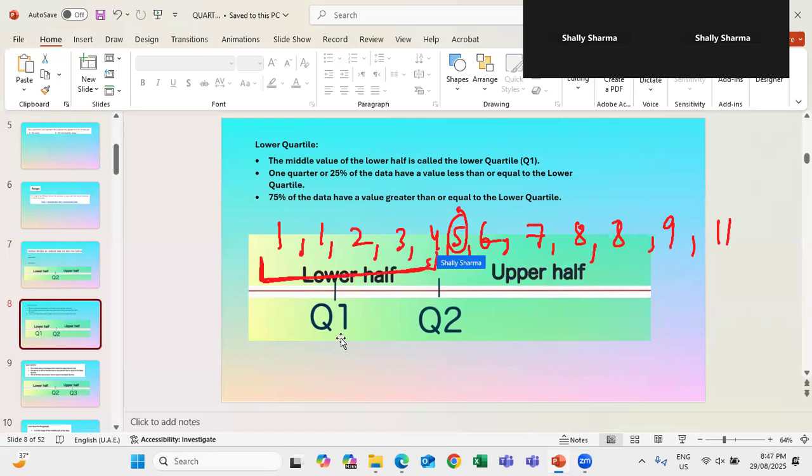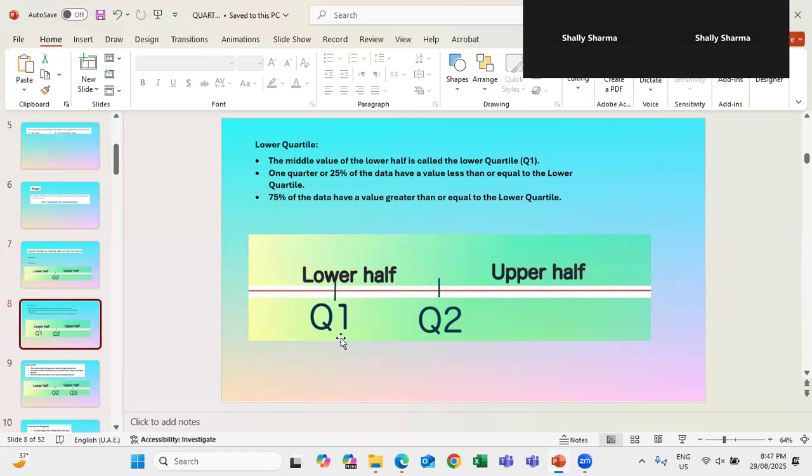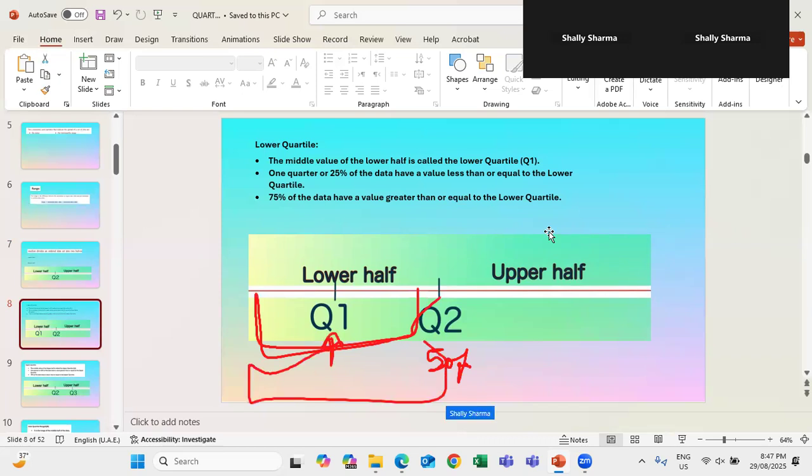So in the lower half the values are less than 5, and in the upper half the values are greater than the median value. Then this is basically the 50%, and then we take the other half and do another 50%, because it is again the middle of this first half. So that means what it will be?